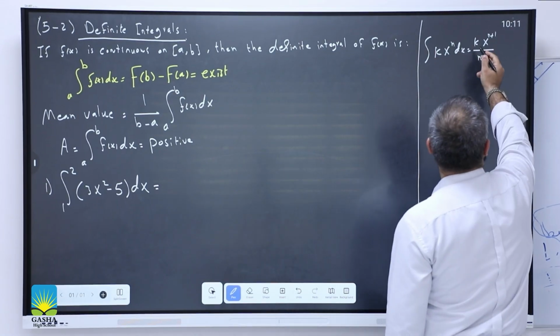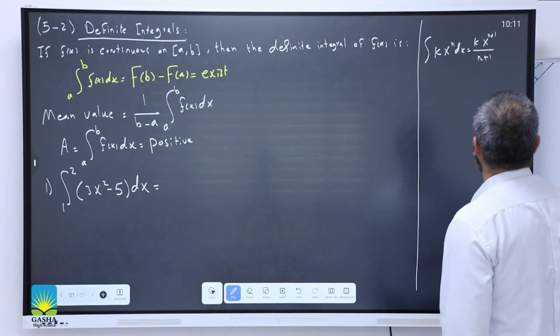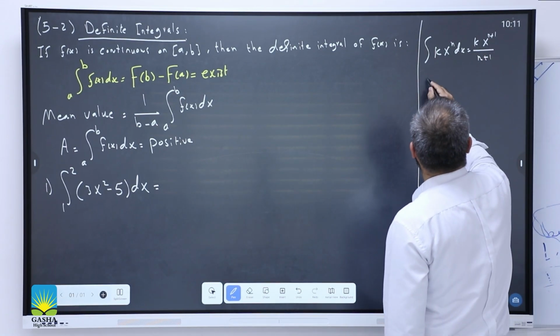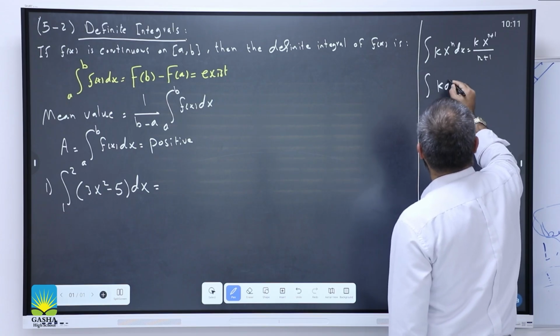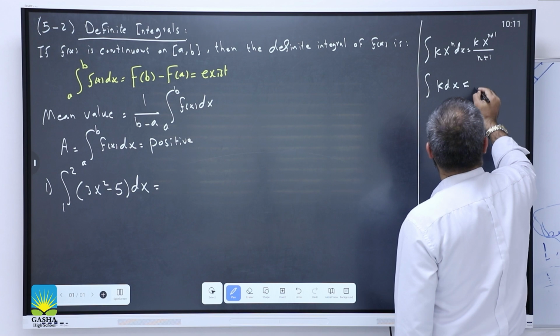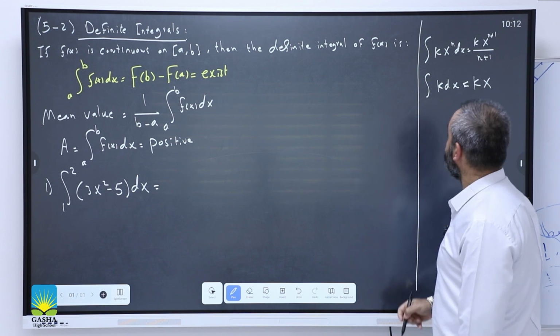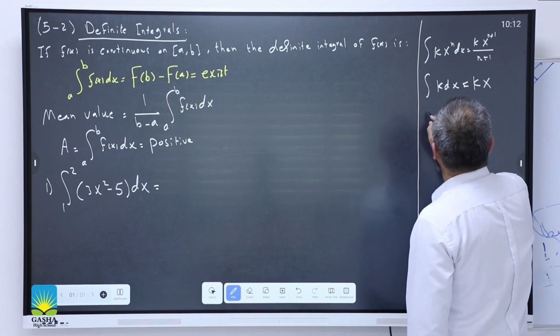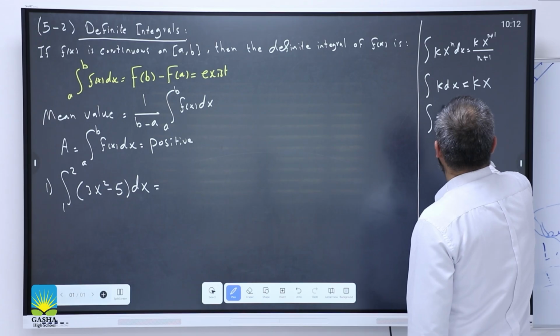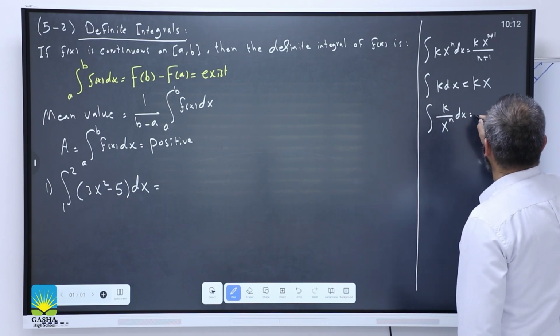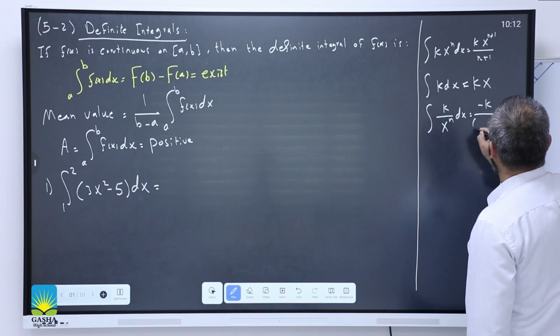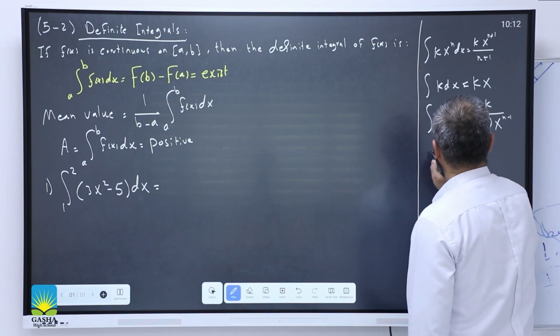Only kx to the power n plus 1 over n plus 1. And we have the integral of a constant k dx equals kx, right? And we have the integral of k over x to the power n dx, which is negative k over (n minus 1) x to the power n minus 1.